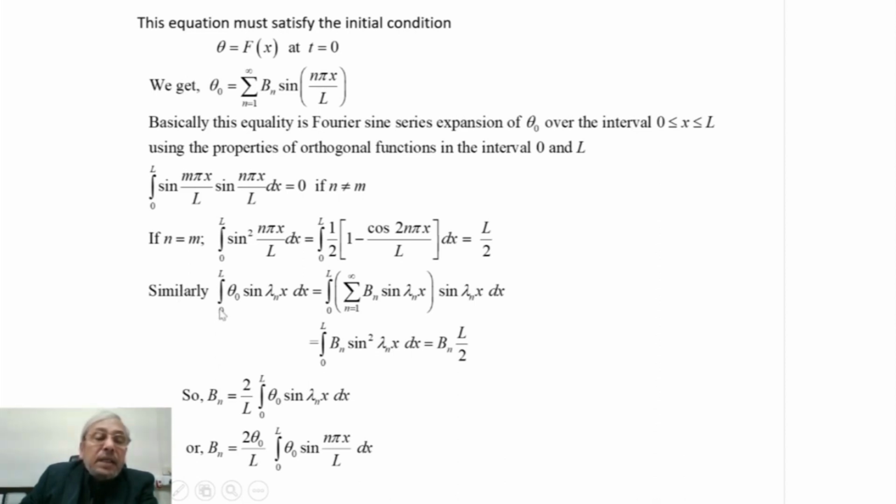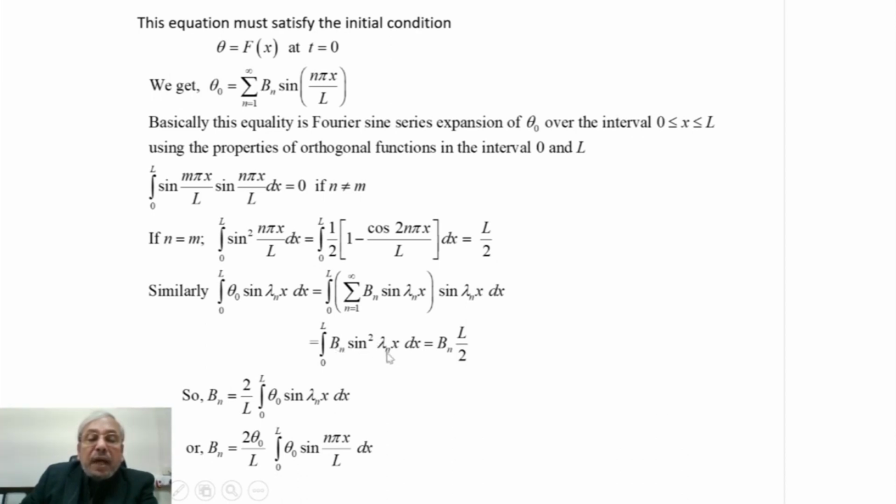Similarly, the integral from 0 to L of theta sin lambda n x dx: theta is multiplied by sin lambda n x dx, and from this equation theta equals the summation of Bn sin n pi x by L. Theta we multiply by sin lambda x and integrate dx between 0 and L, and this part also we multiply with sin lambda n x dx and integrate between 0 and L. When lambda n and lambda m are the same, we have already seen that the integral of sin squared n pi x by L dx is L by 2.